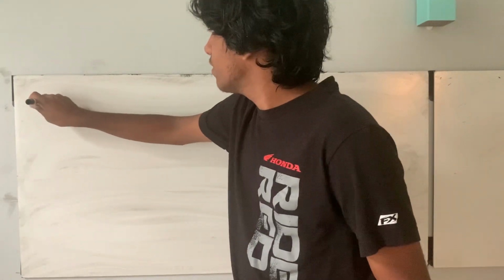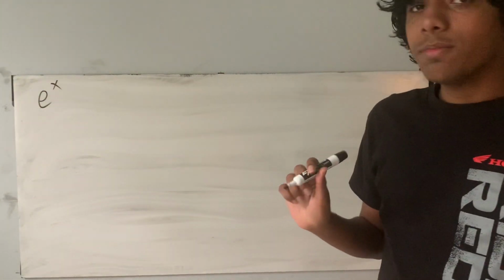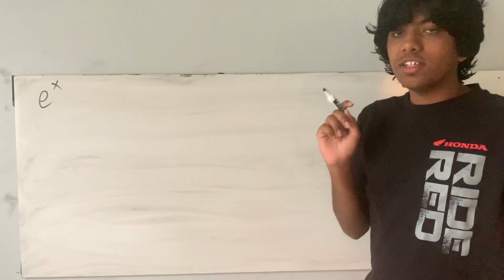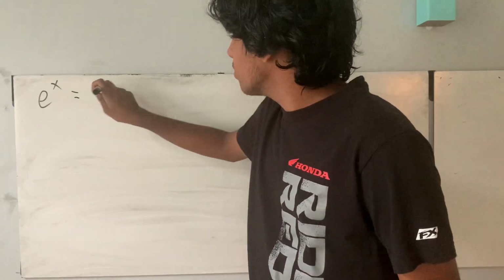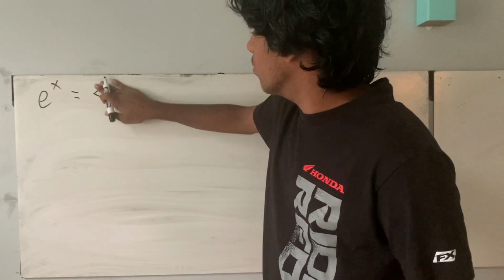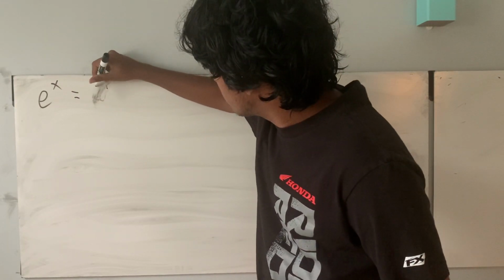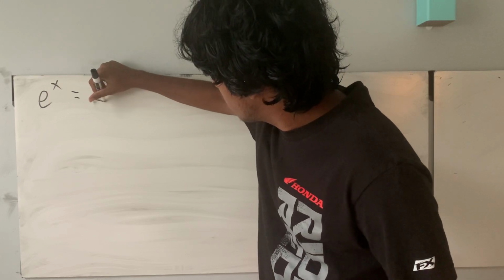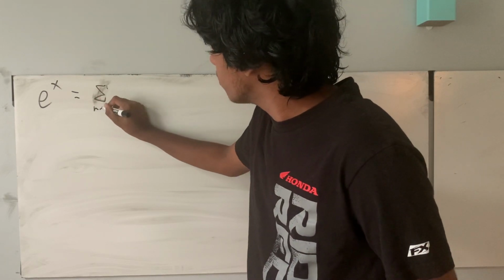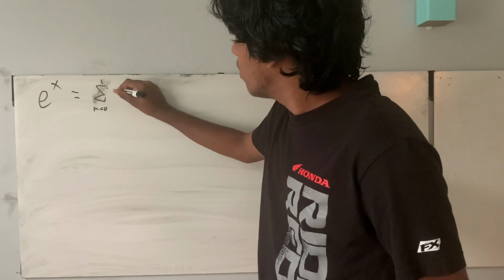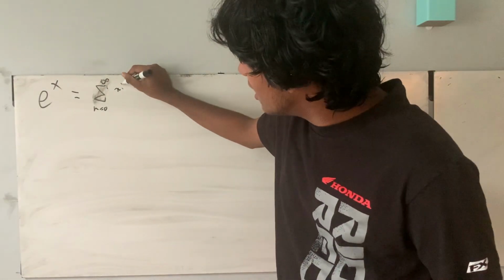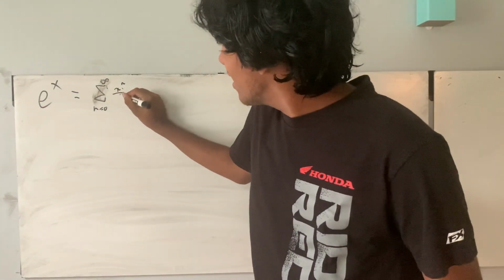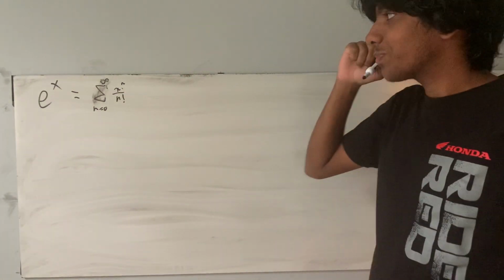So let's start with e to the x, and you'll see why. When we're talking about e to the x, we have a Taylor series for this. This Taylor series is going to be equal to the sum from n equals 0 to infinity, that calculus did hit me hard today, I'm sorry, of x to the n over n factorial, right?